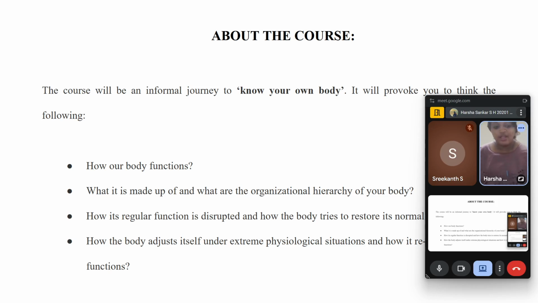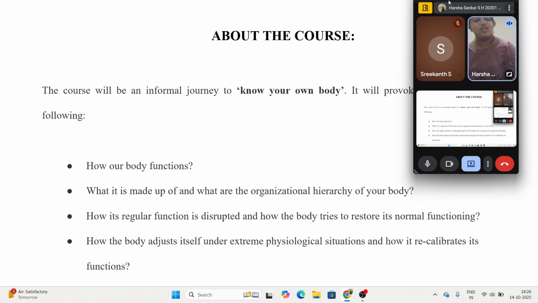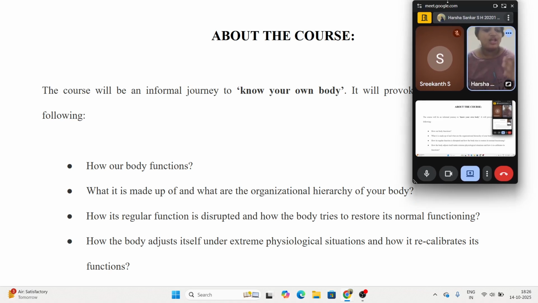Different systems in our body are able to perform. What is it made up of? We know the structural hierarchy: organs are made of tissues, which are made of cells. Inside the cell, there are chemical constituents, and how its regulation is disrupted and how the body tries to restore its normal functioning.